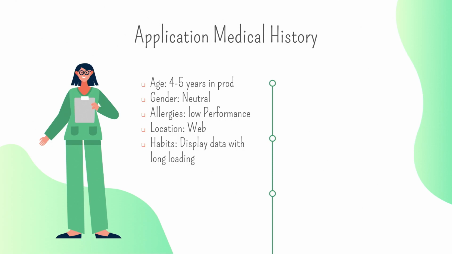The first one is the first page takes too much time to load. The second illness is my application has a blinking screen, and the last illness is when I click on a button, nothing happens. So these illnesses have respectively a huge impact on the LCP, largest contentful paint metric, the CLS, cumulative layout shift metric, and the last one, FID, first input delay.